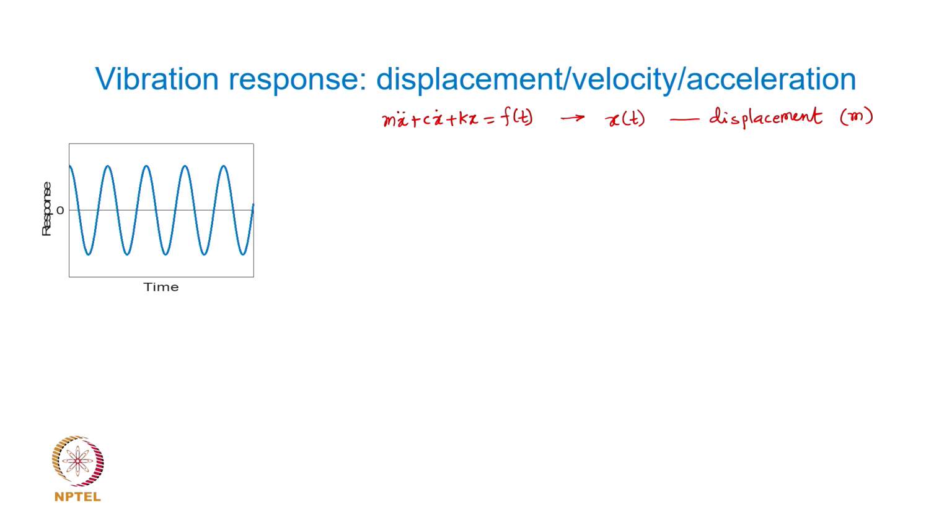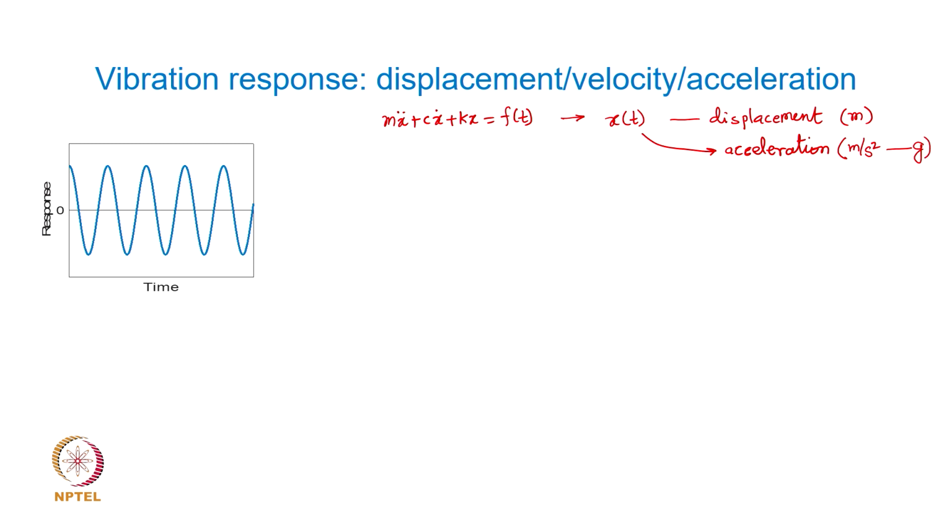But if you really look at the practical vibrations and the measurement of vibrations on mechanical systems, the sensors which are typically used will generate response in acceleration unit. So, we need to know how they are related actually. Okay. So, the response or vibration in acceleration, the unit will of course be meters per square second, and in practice many times instead of meters per square second the unit used is g unit.